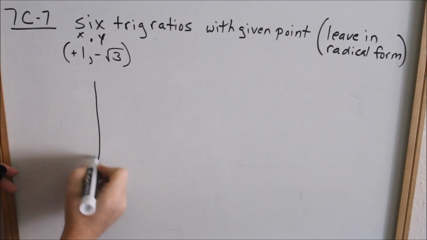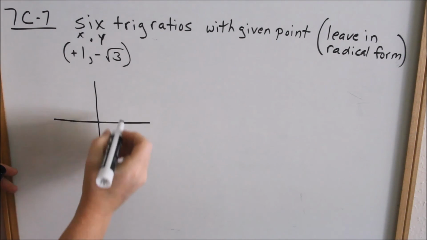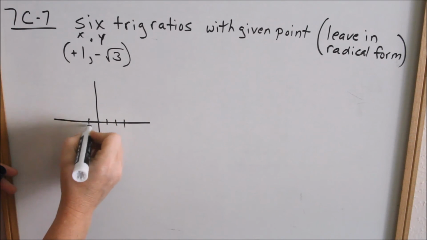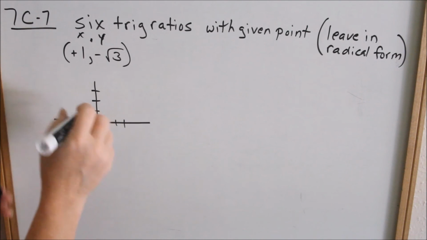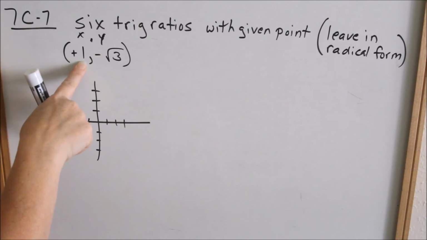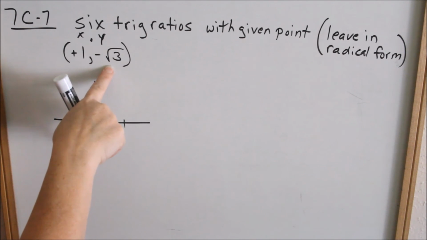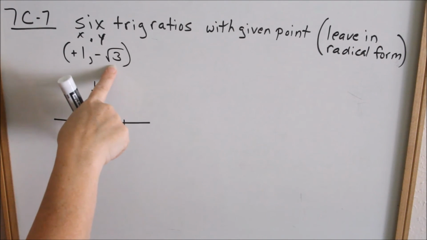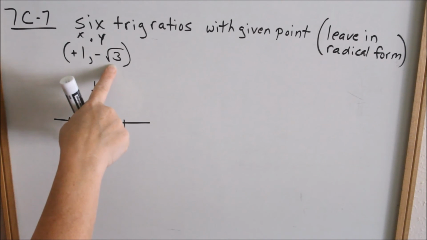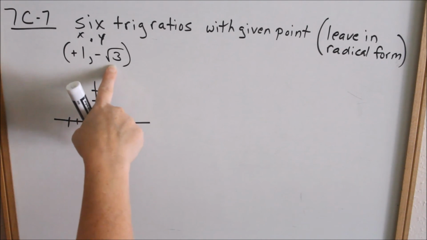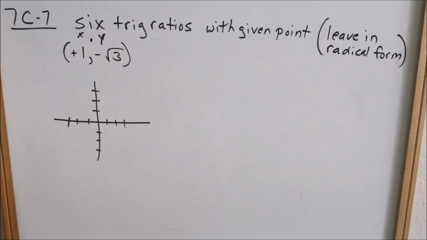So plotting that XY coordinate, I'm just going to put 3 tick marks on each. Okay, go in the positive 1 in the X direction, negative square root of 3. I'm going to leave this in radical form. The only thing I'm going to change it for is to plot it, to graph it, because I don't know what square root of 3 is to graph it, but I think it's somewhere around 1.7.